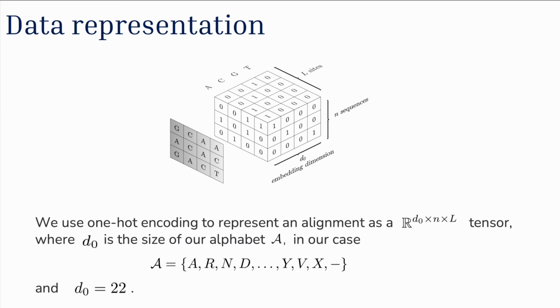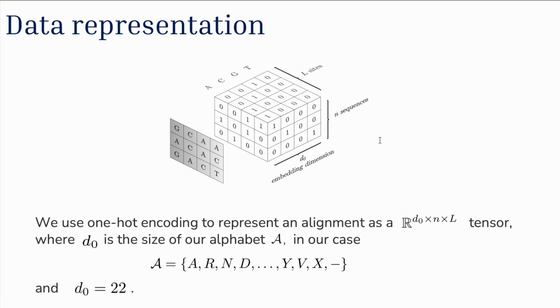To feed the data inside a neural network, we need a suitable representation. We can use one-hot encoding to turn an input alignment into a 3D matrix, a tensor, representing each character with a vector containing all zeros, but a 1 at the index corresponding to that character. For instance, A would become 1, 0, 0, 0, C would become 0, 1, 0, 0, and so on.